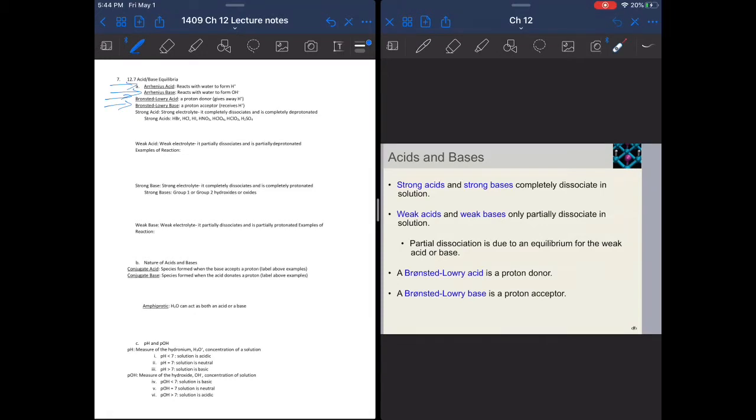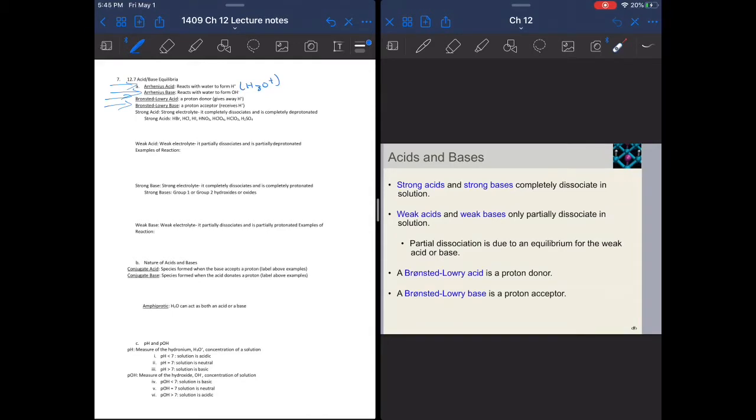Arrhenius acids react with water to form H+, but I'd like you to write in here also H3O+. H+ often reacts with water, and you wind up getting H3O+, so it's good to know that those are often spoken about interchangeably. An Arrhenius base gives hydroxide.